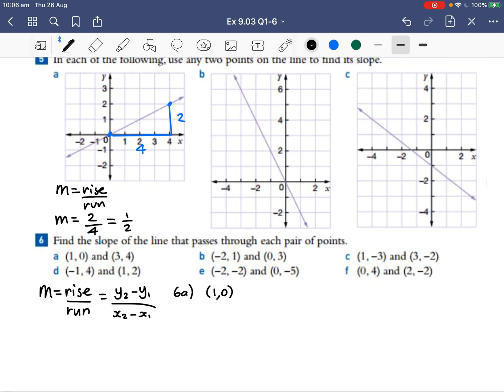If we look at 6a, we have the point 1, 0, and we have the point 3, 4. I'm going to label this first point x1, y1, and I'm going to label my second point x2, y2. I'm then going to substitute these values into my formula.